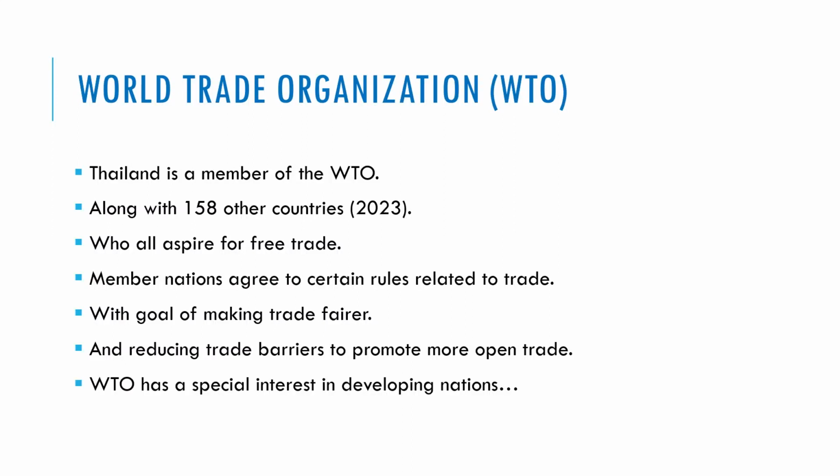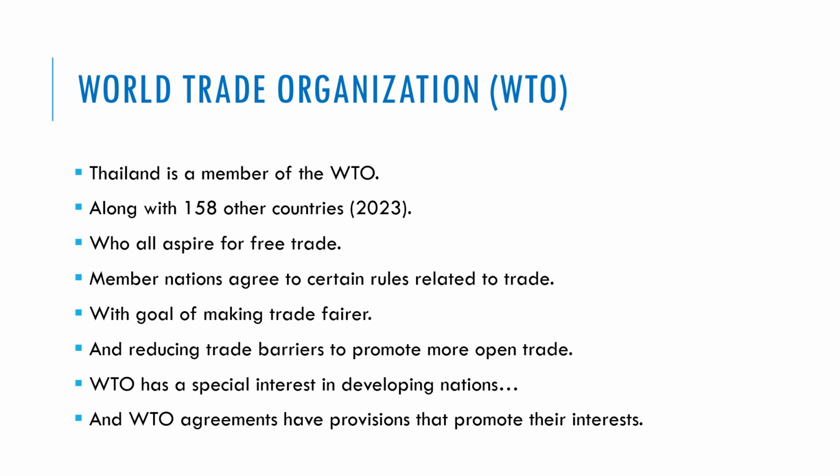In addition, the WTO has a special interest in developing nations. It is a pretty well-established idea that trade is really important for economic growth. So if you want to help developing nations grow, give them access to markets, help them be able to compete globally. So the WTO has programs aimed at developing nations, and they also have agreements that have provisions to promote the interests of developing nations.